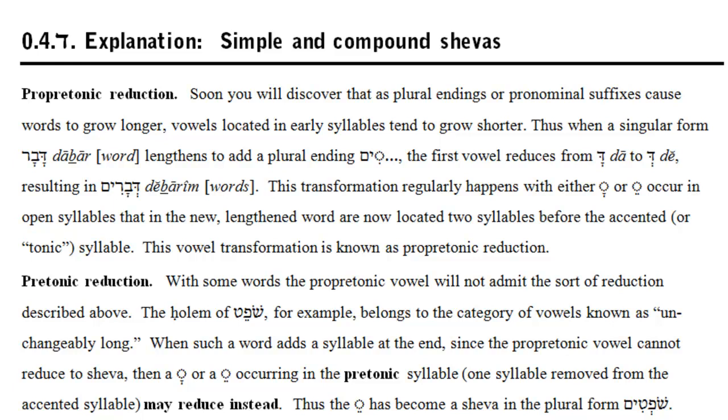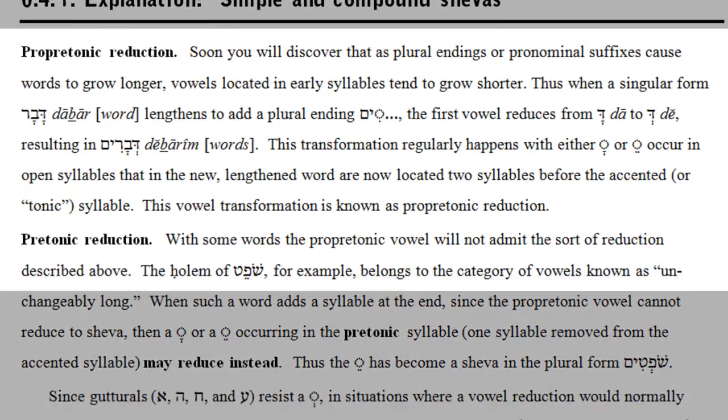In this case, that's the first syllable, de. And it is in that syllable, the first, the propretonic syllable, where we find this reduction happening from da to simply de with a shava.